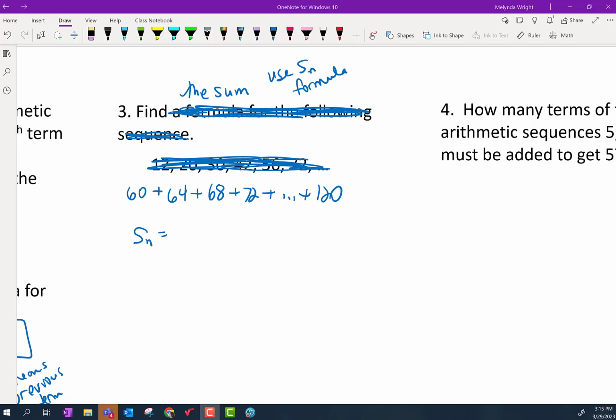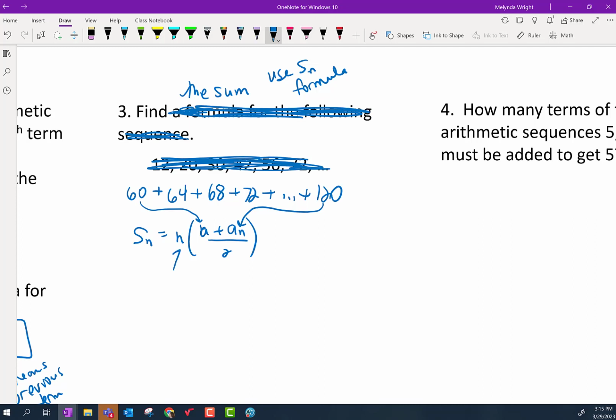So our formula is s sub n equals, let's just write it down, n times a plus a sub n over 2. All right, so let's see what we have so far. We've got our first term. Okay, that's great. And we have our last term, yay.